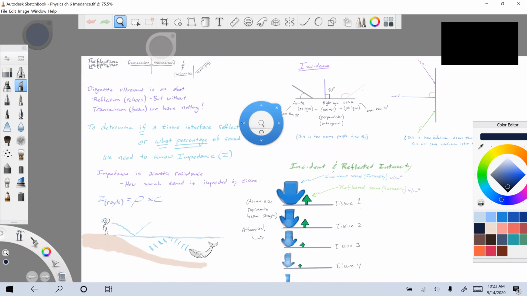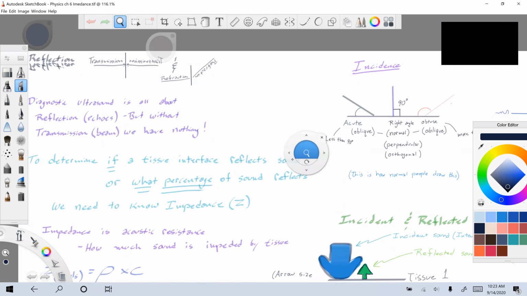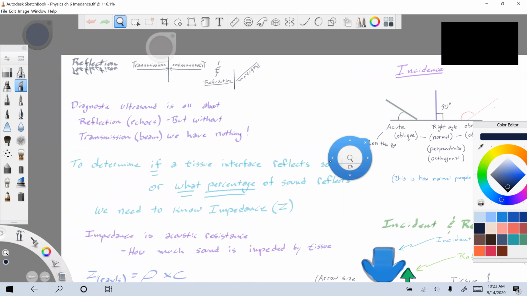Last time we started talking about reflection, transmission, and refraction. Well, we really didn't get into refraction, and heck, we really didn't get into transmission, but we did talk about reflection a bit. Now, diagnostic ultrasound is all about reflection or scattering, but in any case, echoes have to reflect back to us in order for us to see them.